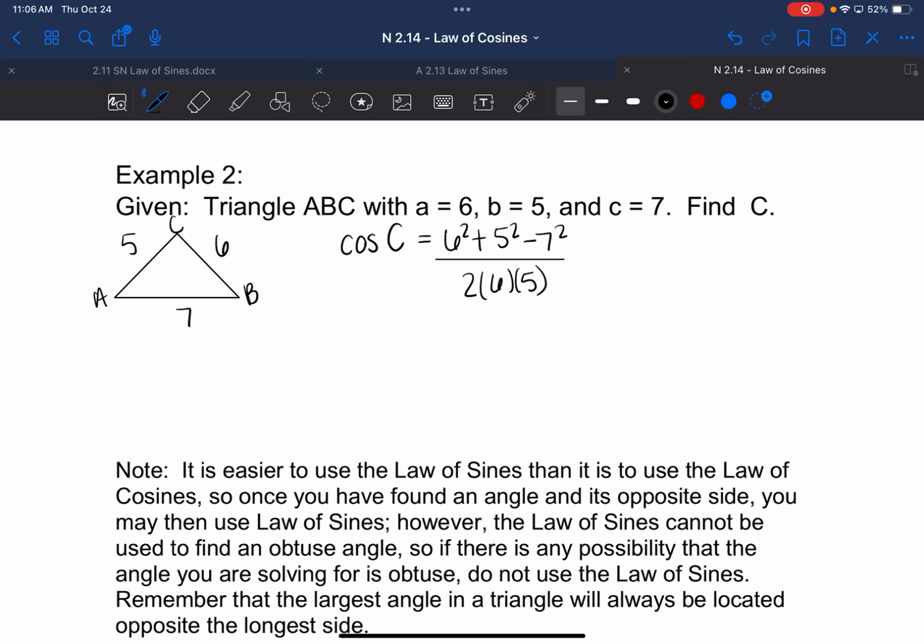Okay, well, just like with sine, how do I get rid of cosine when I'm looking to find the angle? Inverse, right? So I'm going to take cosine's inverse of both sides. So to find C, in my calculator, I'll put cosine's inverse of 6 squared plus 5 squared minus 7 squared, all over 2 times 6 times 5.